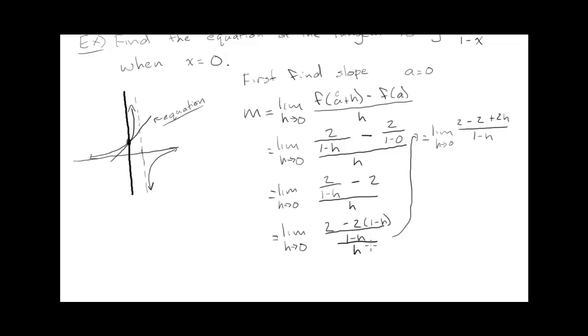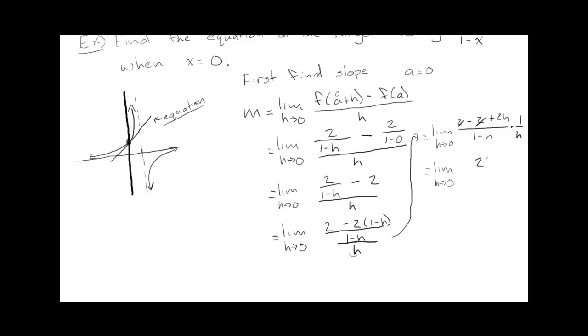And then that's all over h, but just to get rid of all these fractions, I'm going to multiply by the reciprocal. I just multiplied by the reciprocal instead of dividing. So that's the limit as h goes to 0 of, and now these 2's go away.